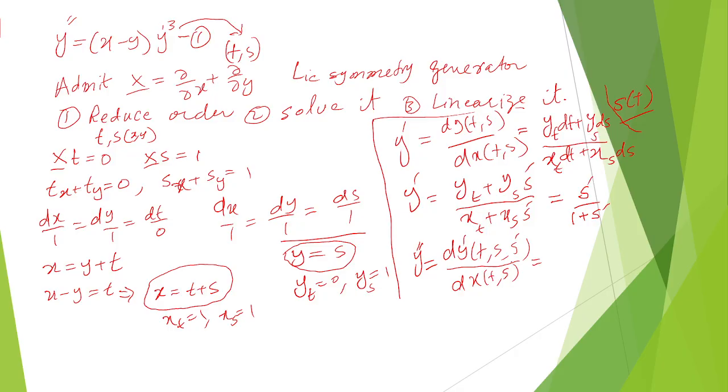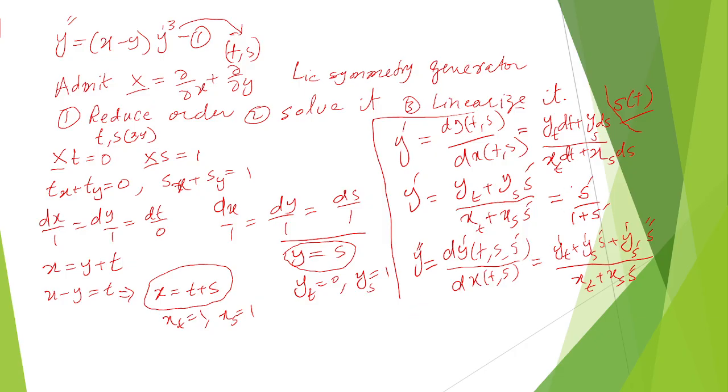So from here, using this concept, this is y dash_t plus y dash_s s dash plus y dash_s dash s double dash, divided by x_t plus x_s s dash.